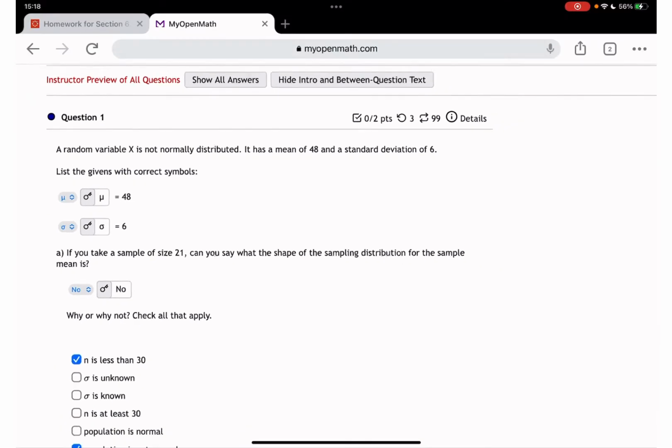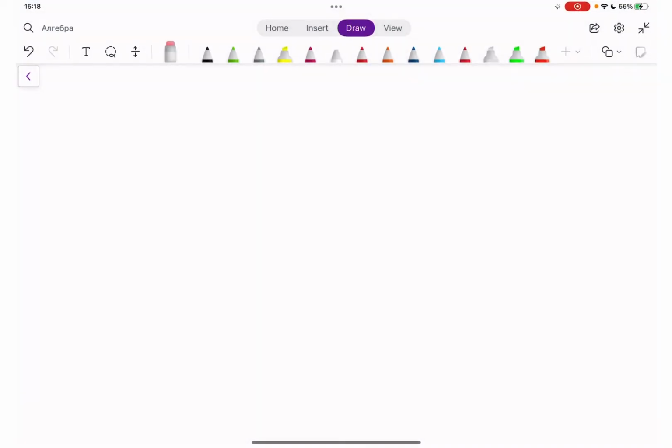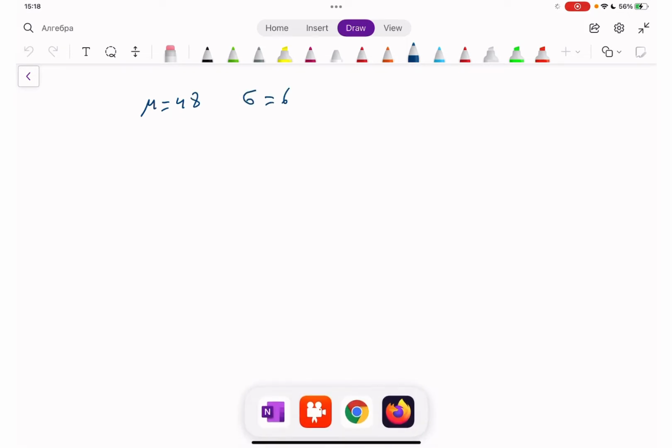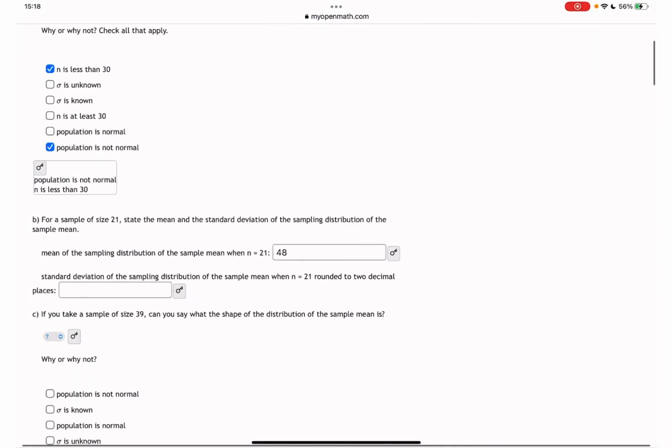Mean and sigma. Let me write down. Mu is 48. Sigma is 6. And how much is our sample size in this question? Sample size is 21.